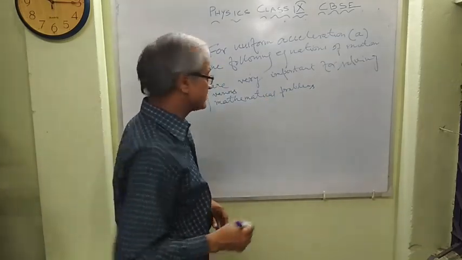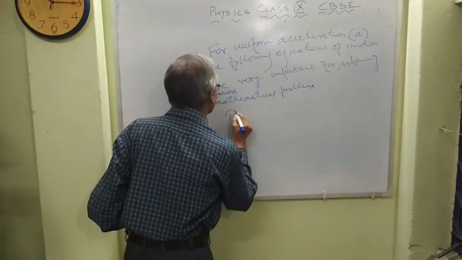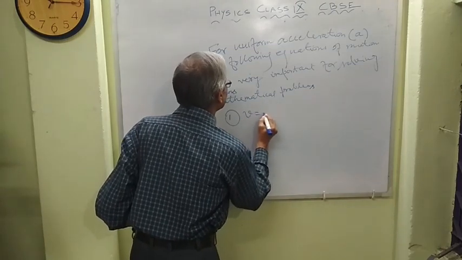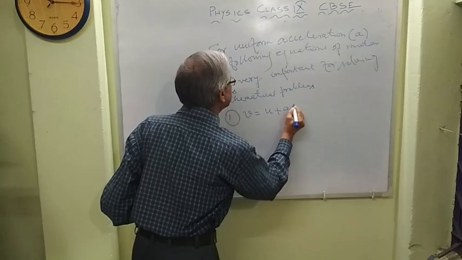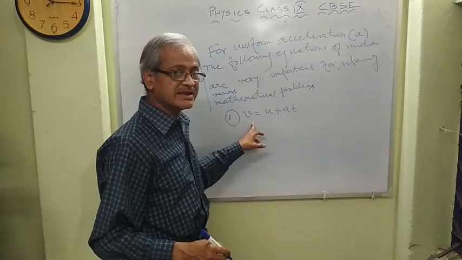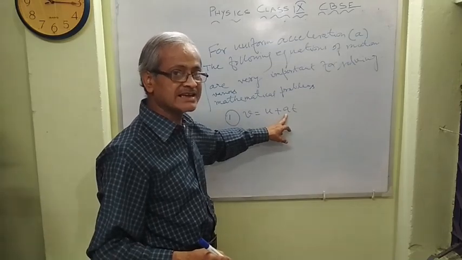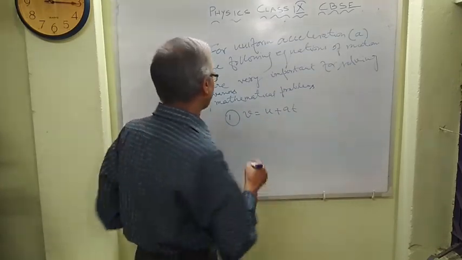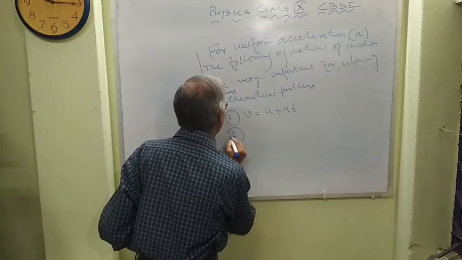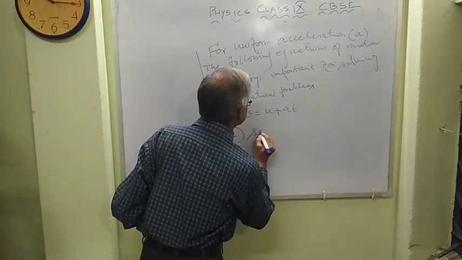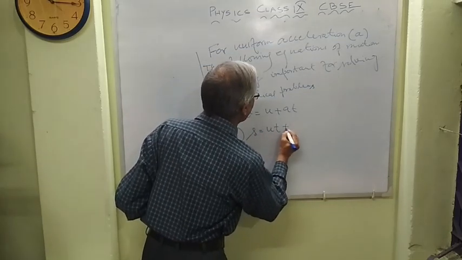What are the equations? Number 1, v equals u plus at, where v is the final velocity, u is the initial velocity, a is the uniform acceleration, and t is the time taken. Number 2, s equals ut plus half at squared, where s is the displacement.